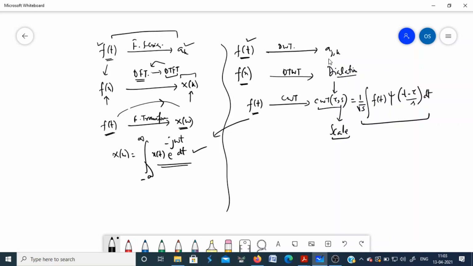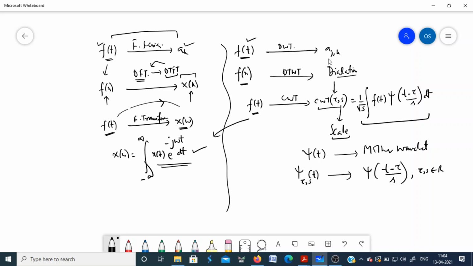Again psi t is your mother wavelet. From psi t you basically generate a family of wavelets psi tau s, which is psi of (t minus tau) by s. Now tau and s belong to real numbers because they are continuous. So t minus tau means it is shifted in time, and t by s is scaled.